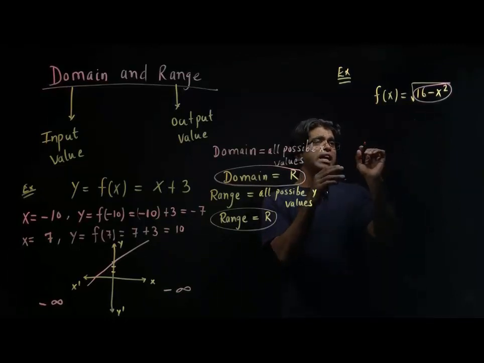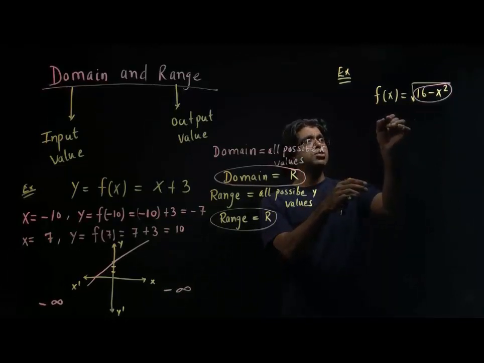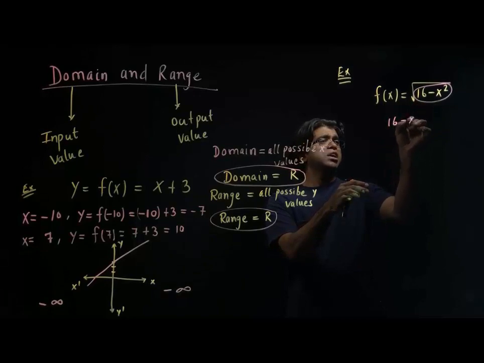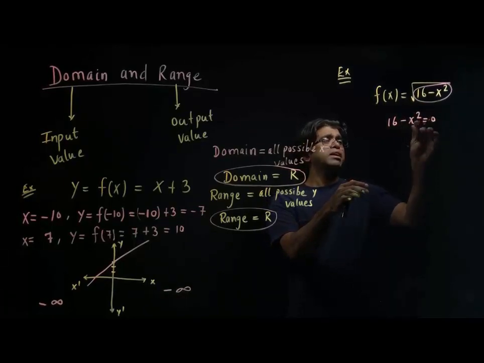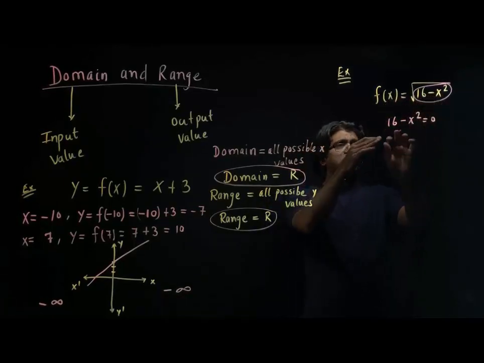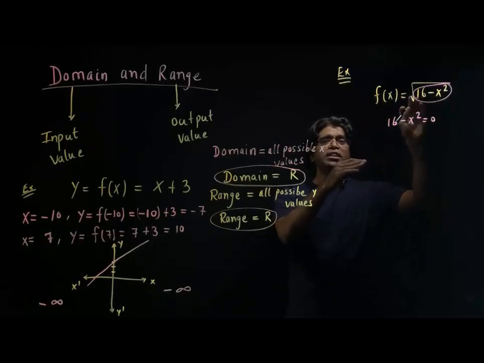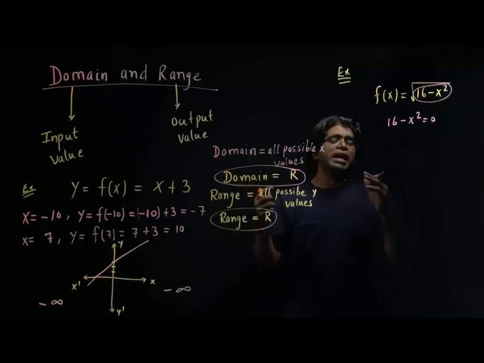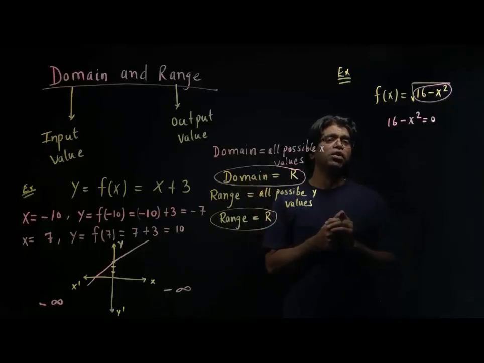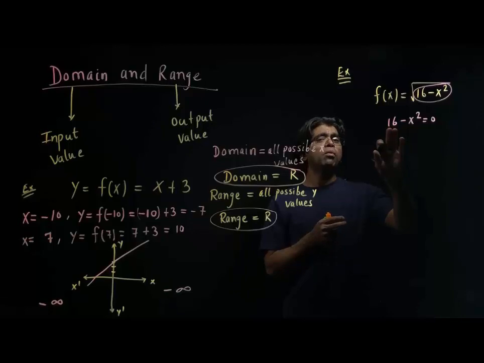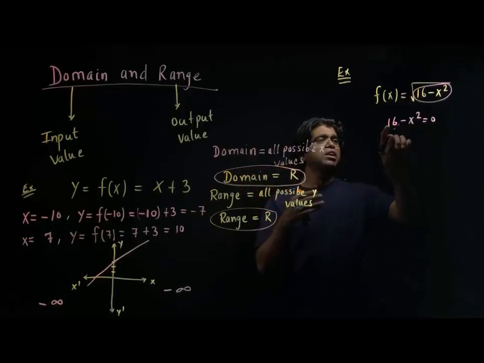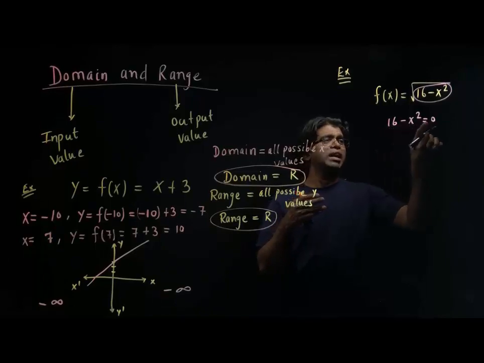So one thing that I can do, I can substitute all the values of x for which the expression is greater than or equal to 0, because the lowest value that I can find as a square root is 0. Anything lower than that is a negative number and I cannot find the square root for that value. So the x values that I can substitute must satisfy 16 minus x squared greater than or equal to 0.